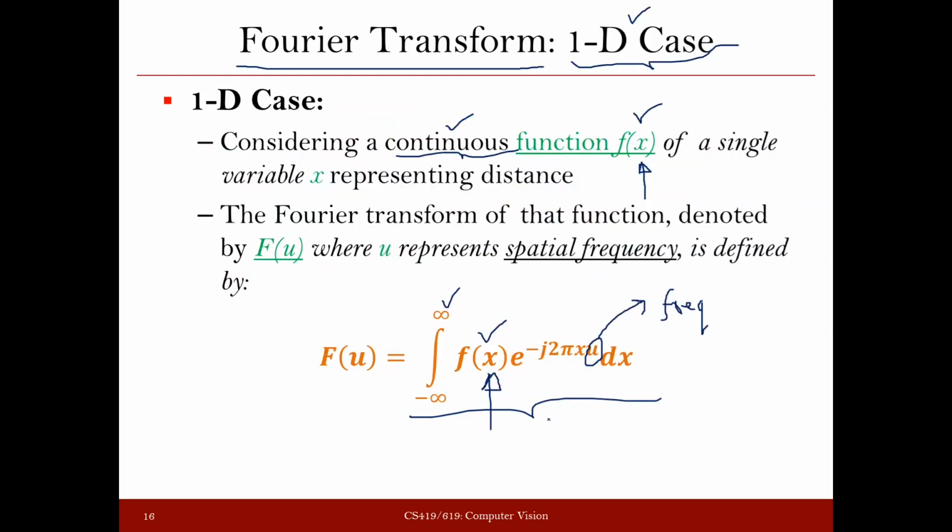And if you see this formula, there is a j component here, right, which is telling you that the quantity you are going to get is not a real quantity, it is going to be a complex quantity. So whatever output you get from here is going to be something like a plus j b, right? So this is your real component, and this is your imaginary component.